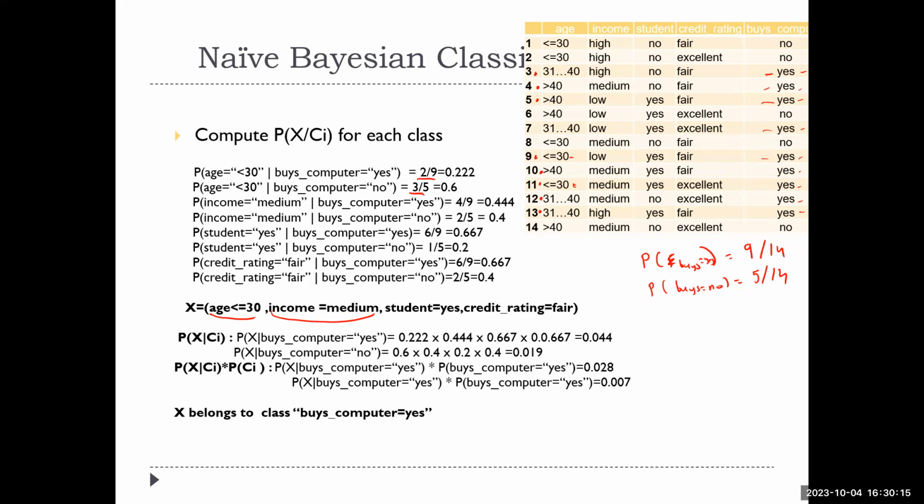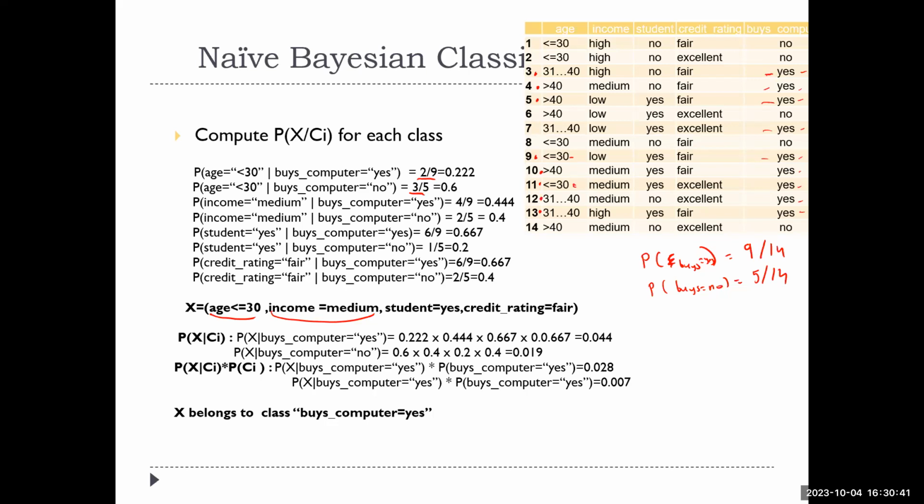Does it make sense? So for no, let's do it for medium. I see 1 here, 2. So we have 2 over 5 because we have 5 no's, and 2 of them are medium. Does it make sense?